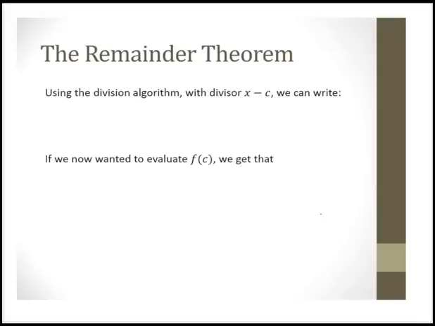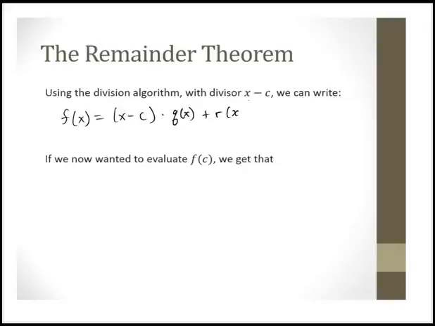The remainder theorem. Now, thinking of the second form of the division algorithm with the divisor x minus c, I can write that f of x is equal to x minus c times the quotient, q of x, plus the remainder.